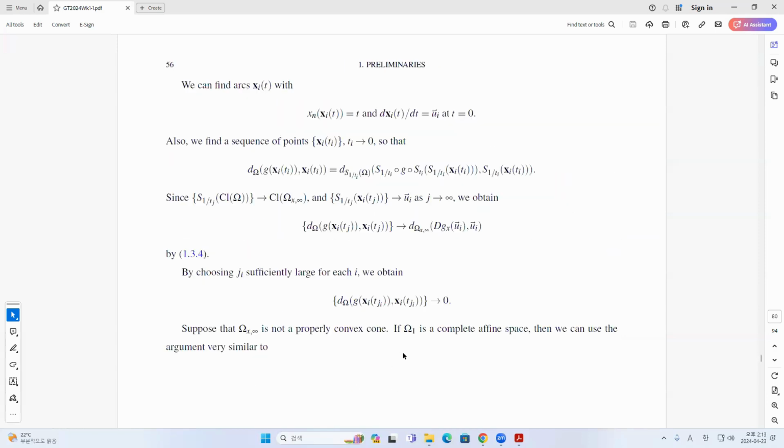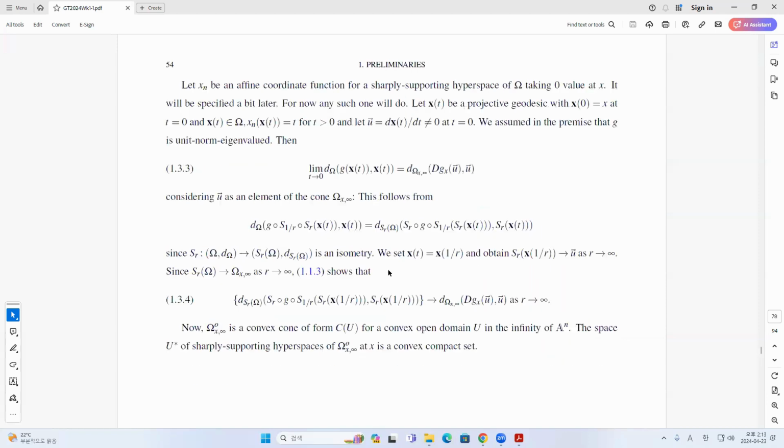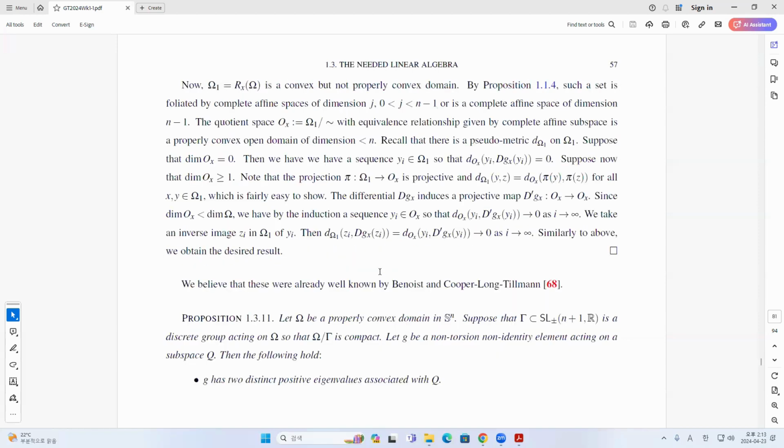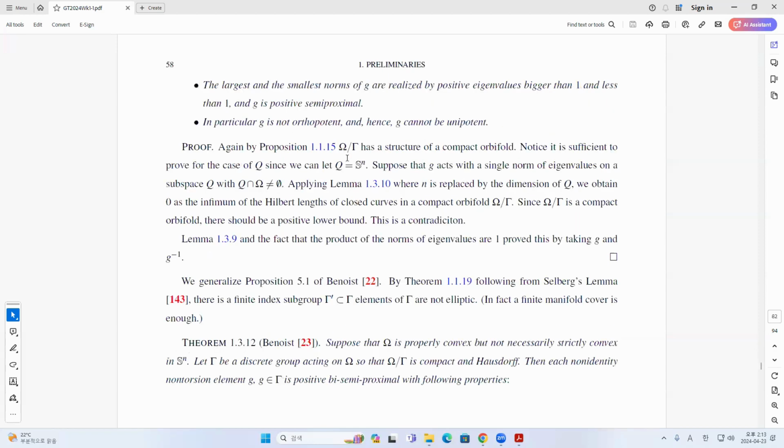This holds because by compactness the infimum cannot go to zero. Okay, so you can show that. And g cannot be unipotent, because its eigenvalues have to be different, right?